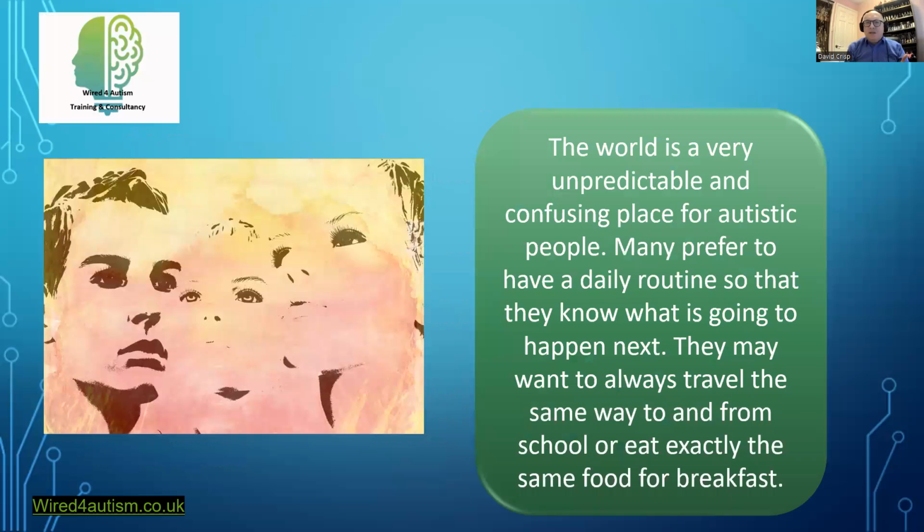So in essence, the world is an unpredictable and confusing place for autistic people. Many prefer their daily routine so that they know what's going to happen next. There's a comfort in being aware of what's going to happen. They may always want to travel the same way to and from school, or eat exactly the same food for breakfast. Imagine you're on your way to school or to work, and you're the passenger, or you're walking with somebody, and suddenly the person you're with or the vehicle takes a different turn.